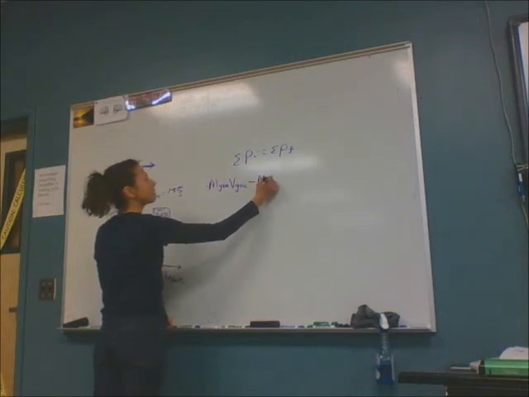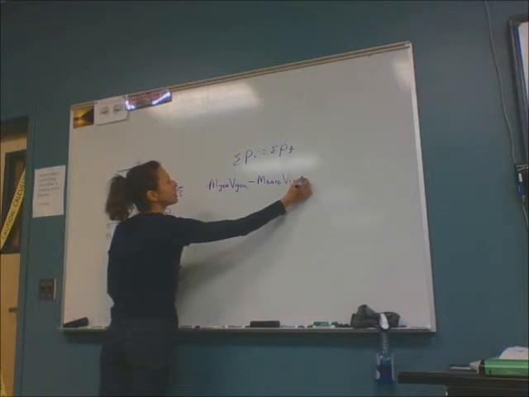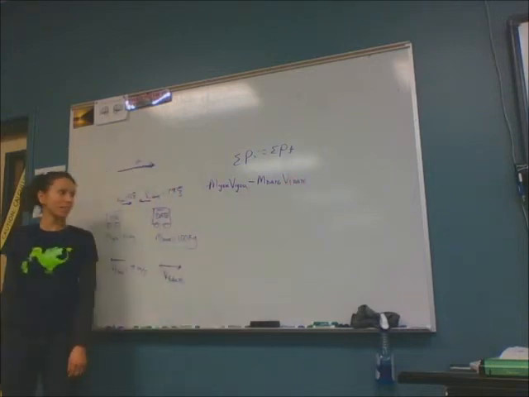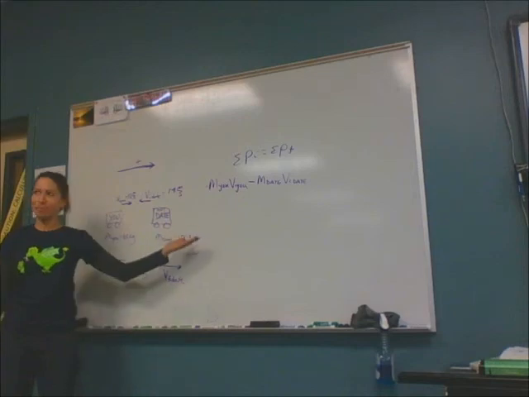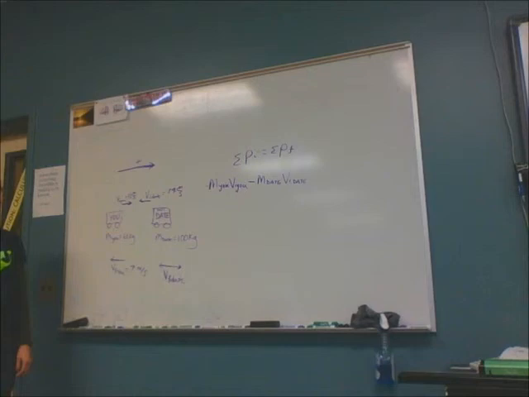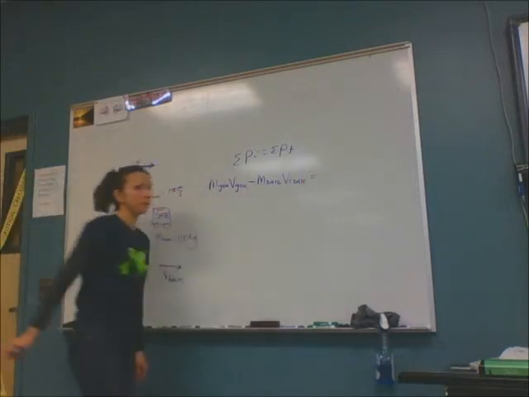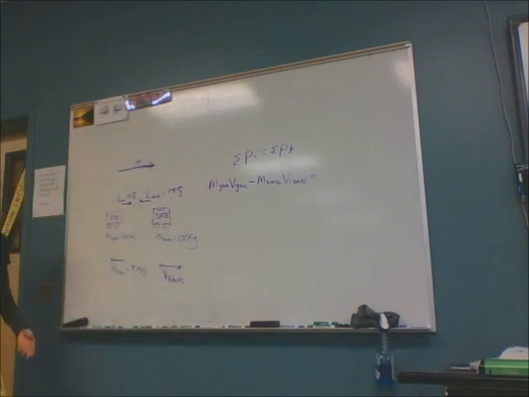We could leave it in the same order and say negative mass of U times VFU plus mass of the date times the date's final velocity. I put a plus because I don't know what the sign will be. The answer will come out positive if it's positive and negative if it's negative.